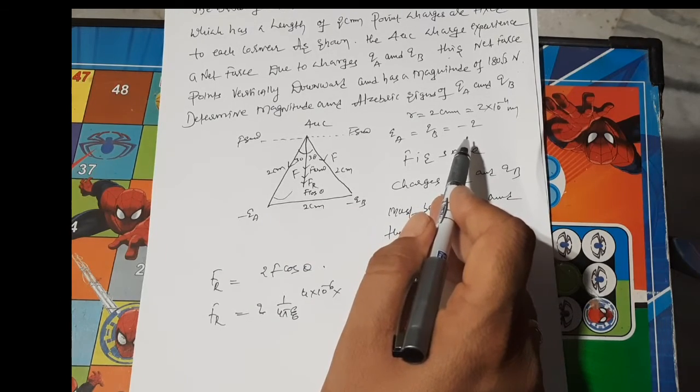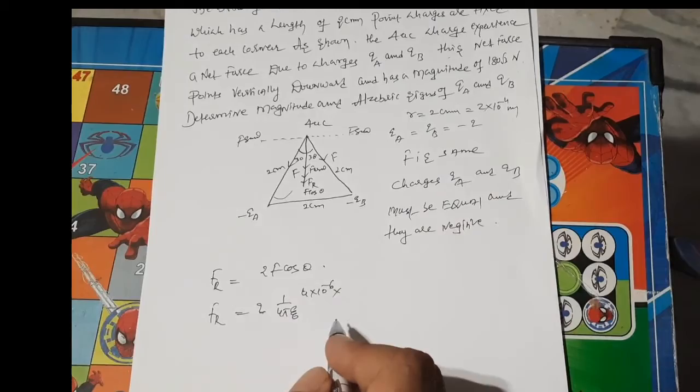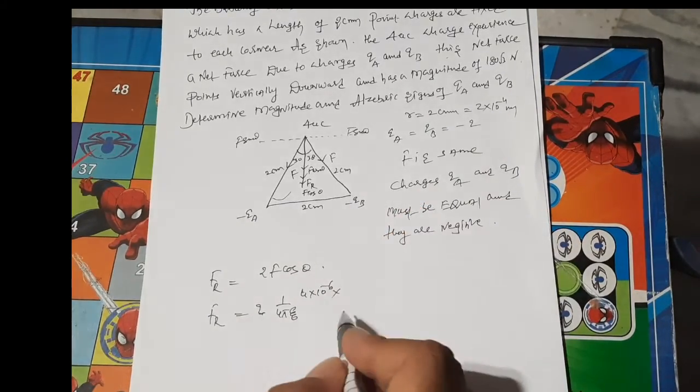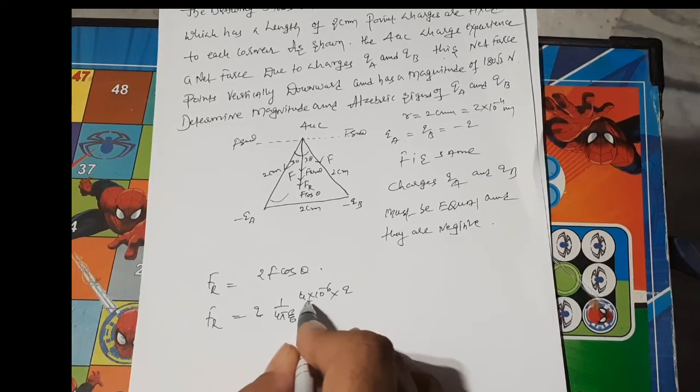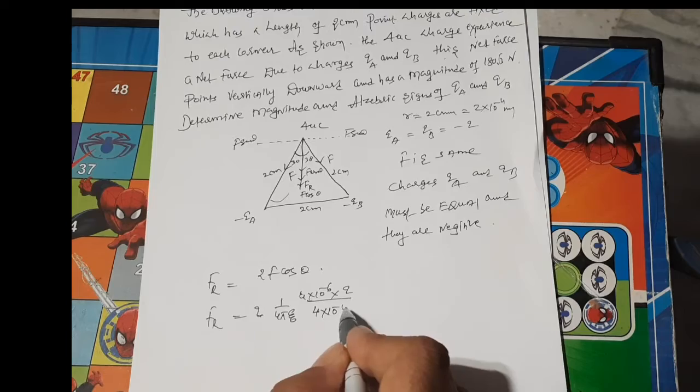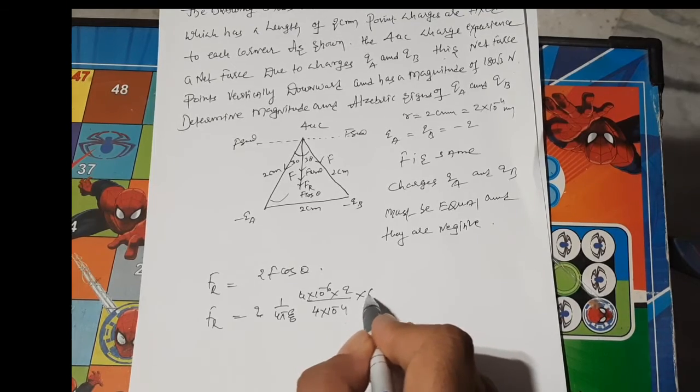No need to put a negative sign while calculating the force, so both are equal to Q, that is assumed. Q divided by R square, 4 into 10 to the power of minus 4, into cos theta.